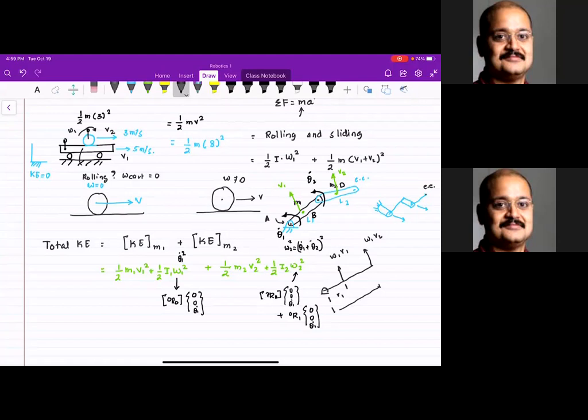This is exactly the same as the ball on the cart. Imagine if the cart starts rolling and the ball is rolling on the cart, total angular velocity will be the angular velocity of the cart plus the angular velocity of the ball. Everyone understood this?